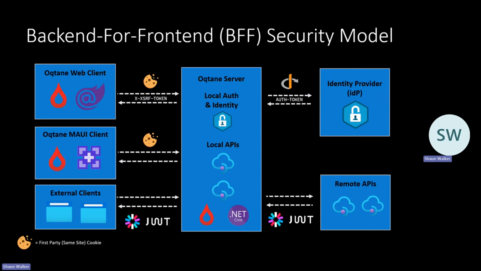From a security perspective, Oqtane has quite a lot of capabilities in this area as well. For anyone who's had to build a .NET or Blazor application from scratch, wiring up the security can be quite confusing at times. Over time, Microsoft's tried to make this a bit easier by including some self-hosted authentication capabilities in the .NET Identity Library.